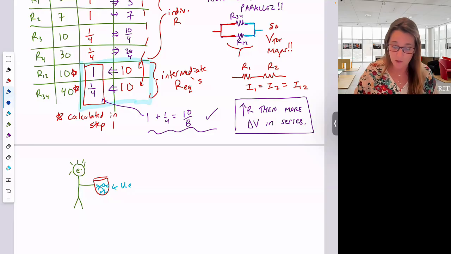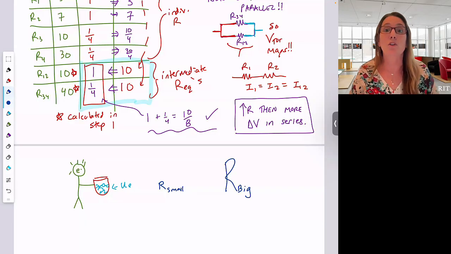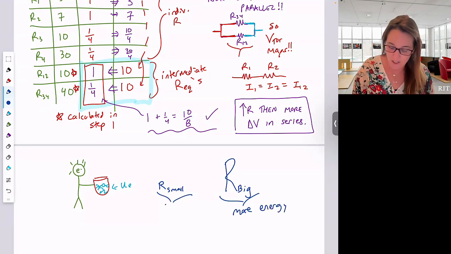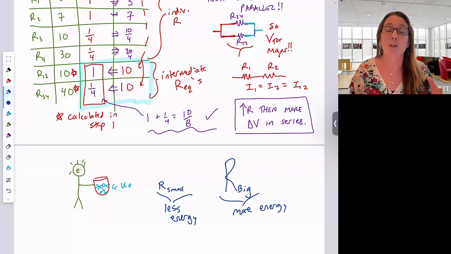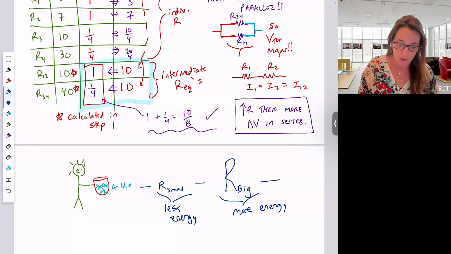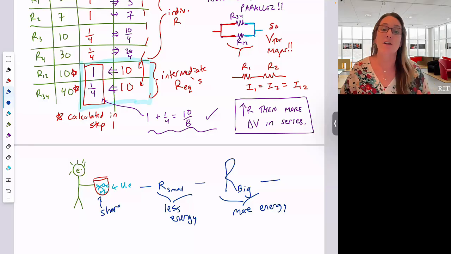So if the resistors are a tiny little resistor, and then a big giant resistor, he's going to look and say, okay, that big resistor definitely needs more energy. So he's going to give more energy to that one, and less energy to the other. And that's just going to be in proportion to their relative resistances. And that is, again, when they are in series with each other, so that they have to share that energy that's coming through.